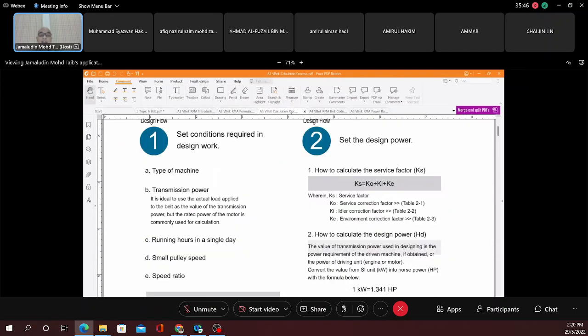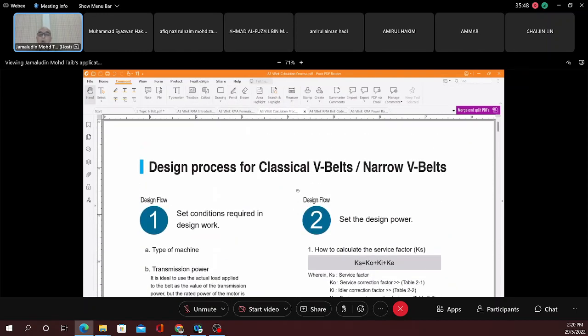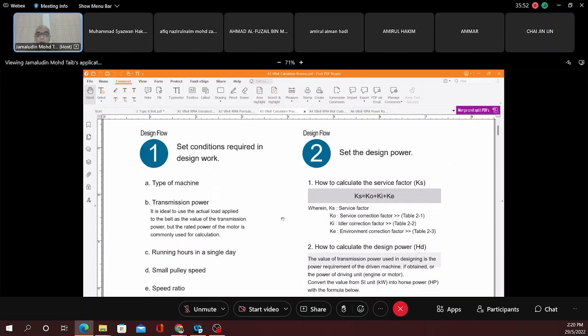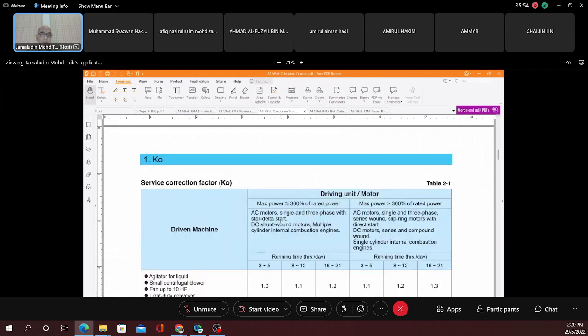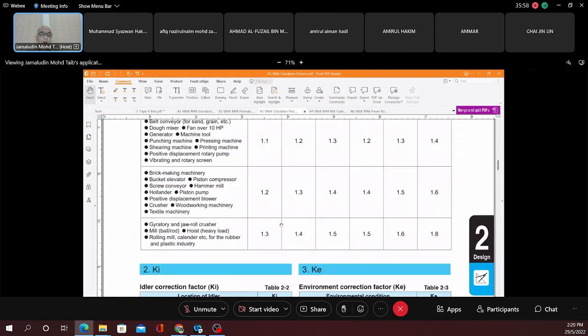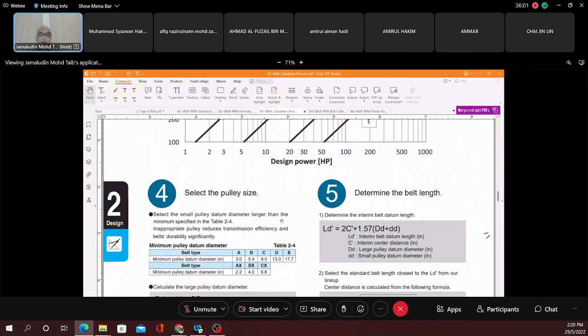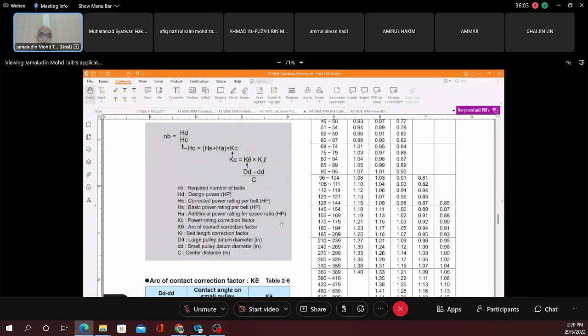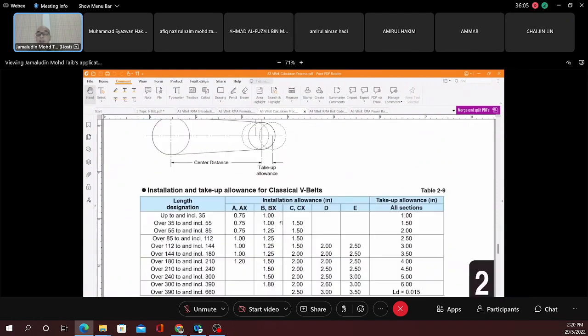This is going to be the steps to calculate how to select the belt. Step 1, step 2, there are so many steps here: step 1, 2, 3, 4, 5, 6 and 7 finally. That's 7 steps.